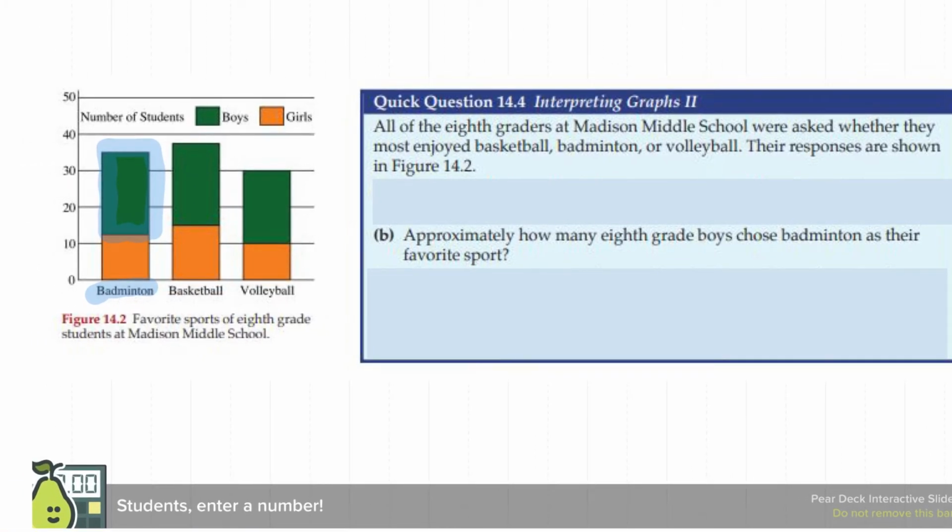It looks like this bottom value is at approximately 12, we'll say, and the top is at about 35. So if I subtract those numbers, 35 minus 12, that's going to tell me how many are in that green section. So that would represent 23 boys.